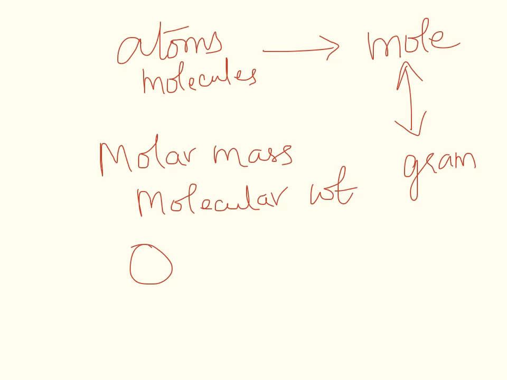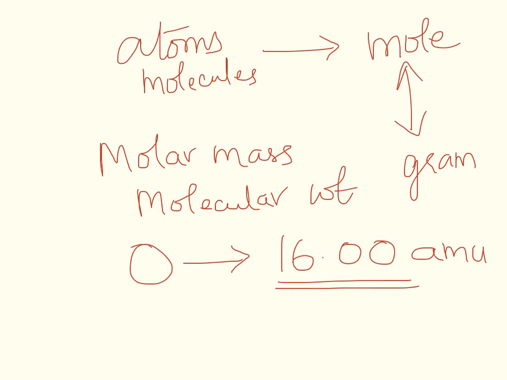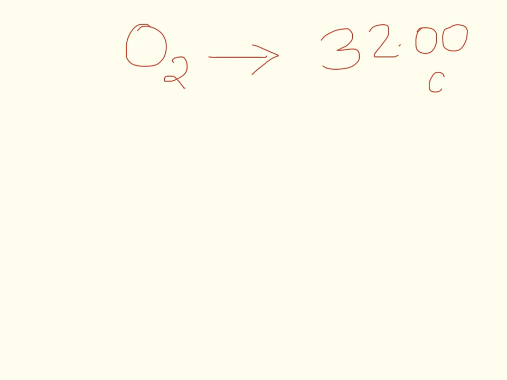Oxygen, on the periodic table it says it is 16 AMU. What does that mean? This means that one individual atom of oxygen has a mass of 16.00 AMU. It exists as O2, so then the mass of the oxygen molecule is 32 AMU.